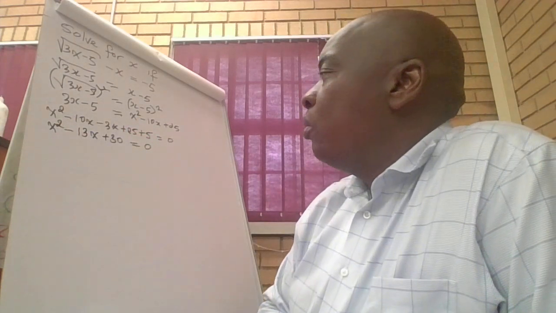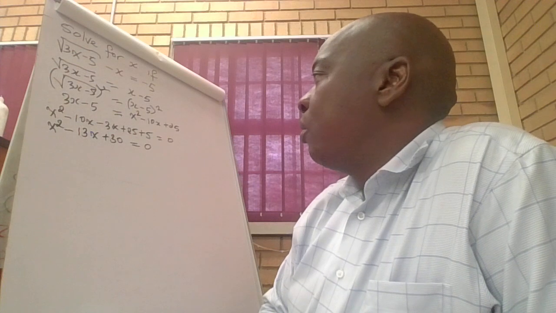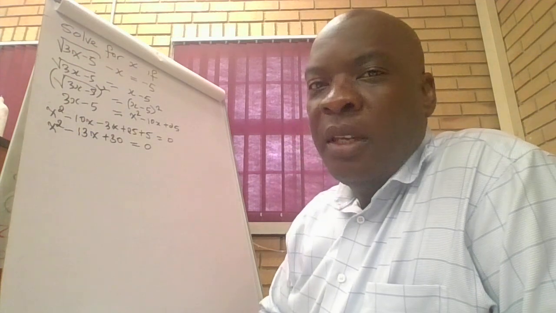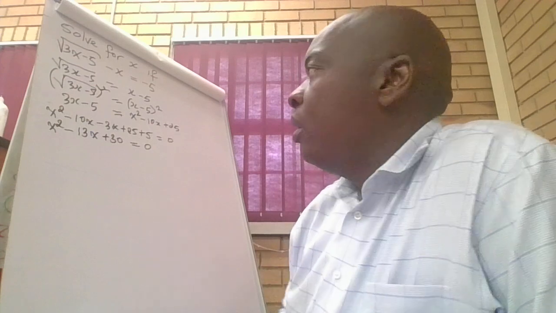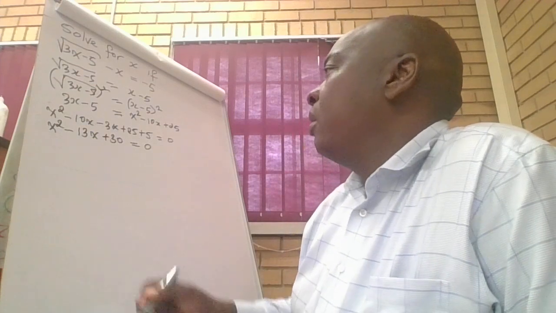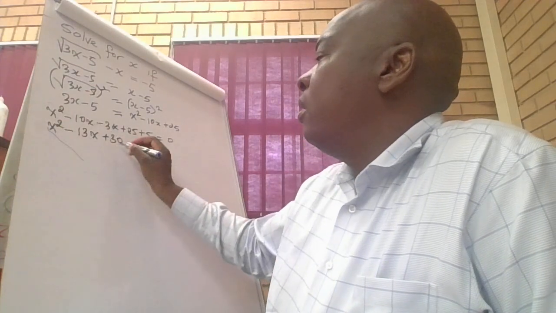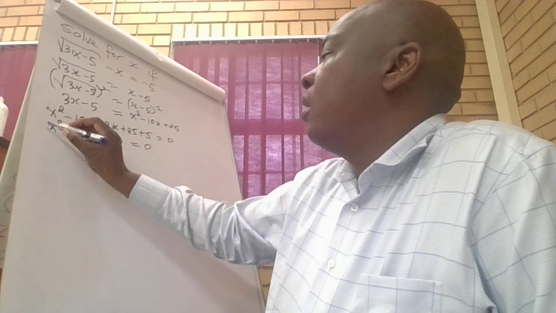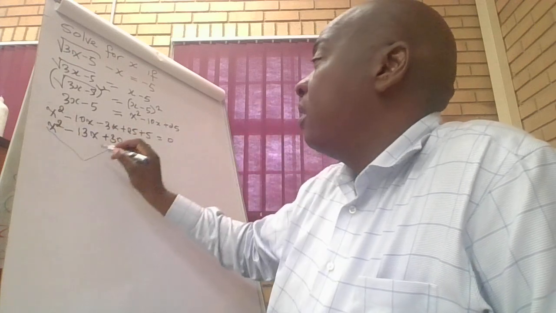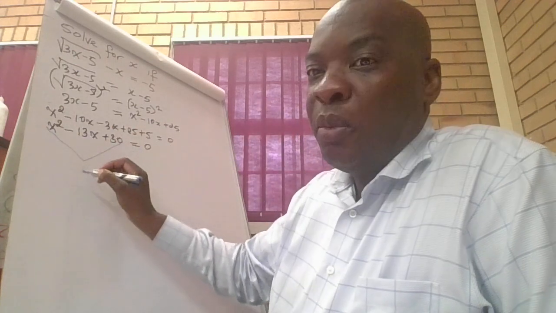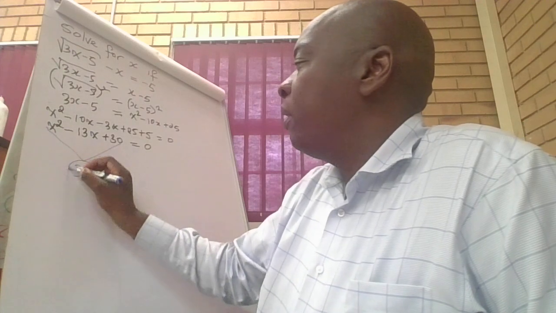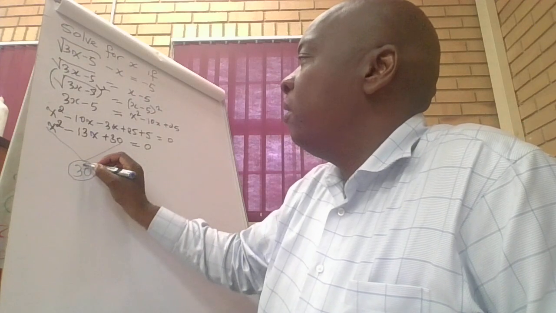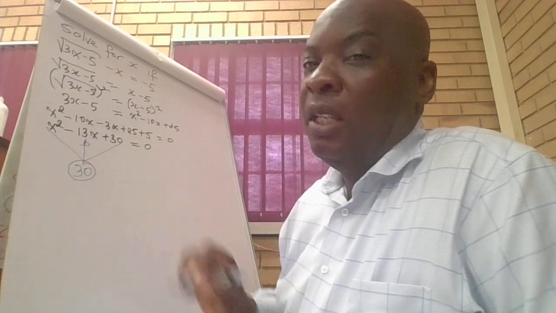Now I need to solve for x in this quadratic equation, and the simplest way to solve a quadratic equation, multiply these coefficients, the coefficient of x squared and the constant there, and if we multiply that, what we get is 30. So I look for the factors of 30 that will give me minus 13.